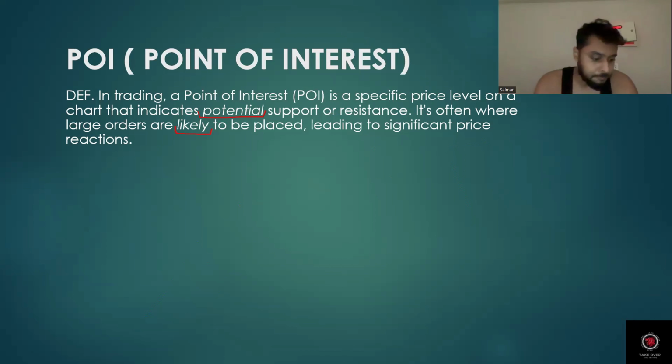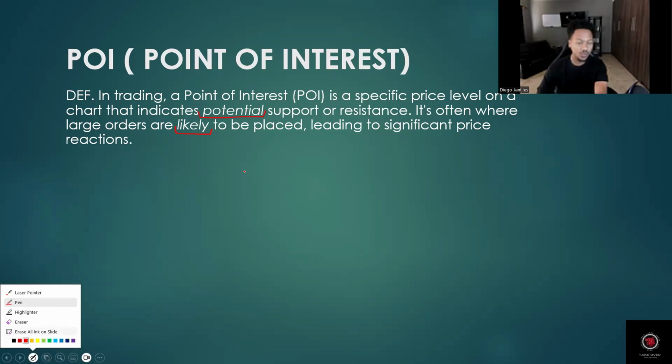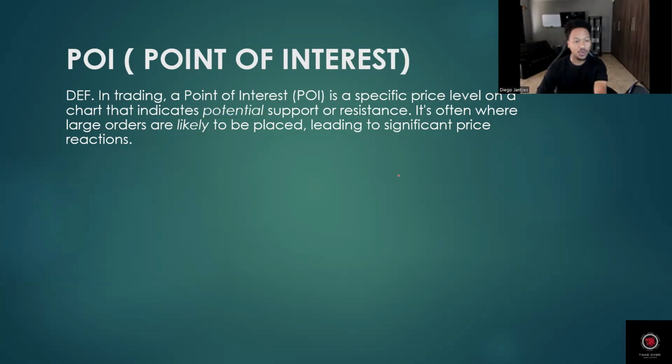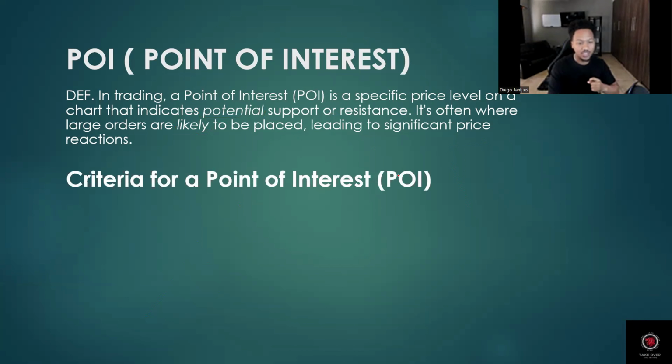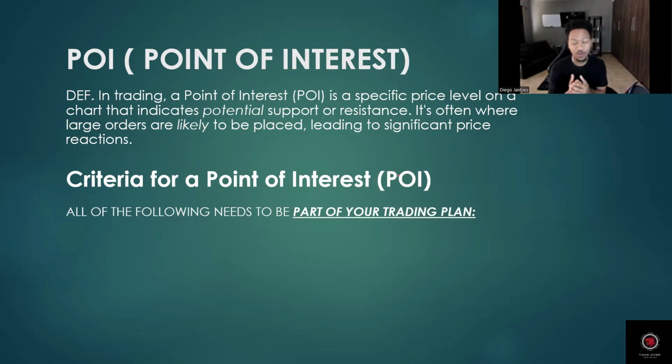So 110% correct when it comes to your definition as well, we are going hand in hand with each other there. So the criteria of a point of interest is the following, right?